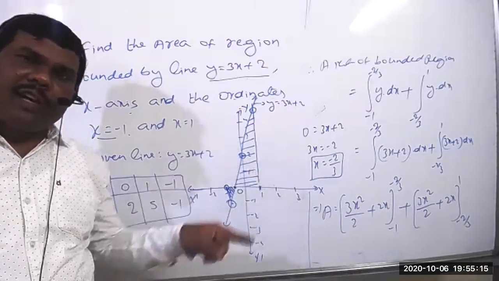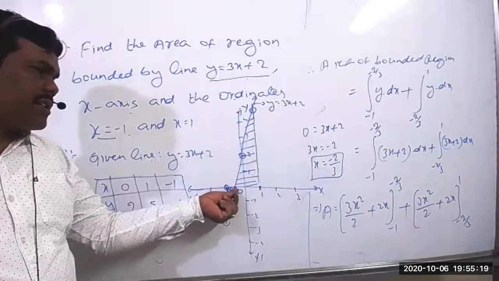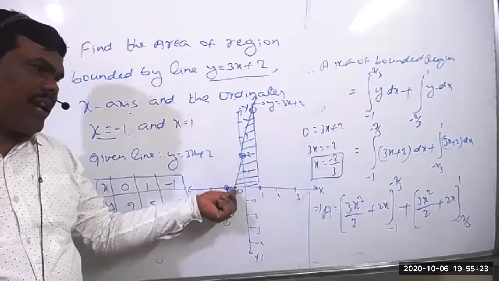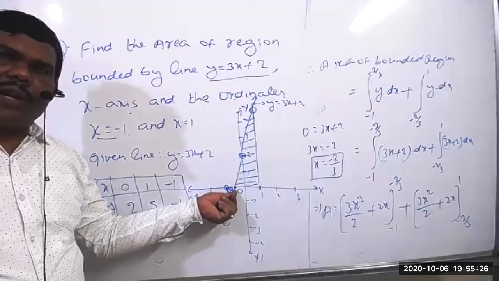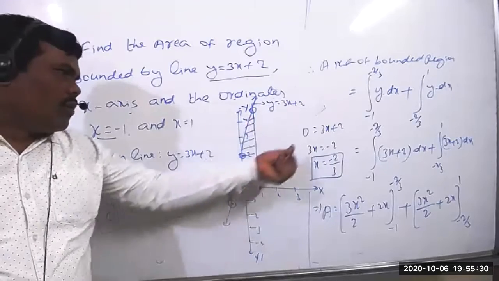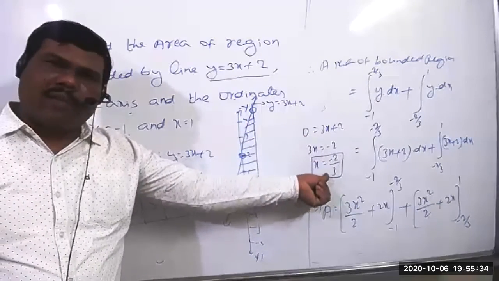That means y must be equal to 0. So we substitute y equals 0 in the given line, because this is the intersection point of the x-axis and the line. Taking y equal to 0, the value of x is -2 by 3.